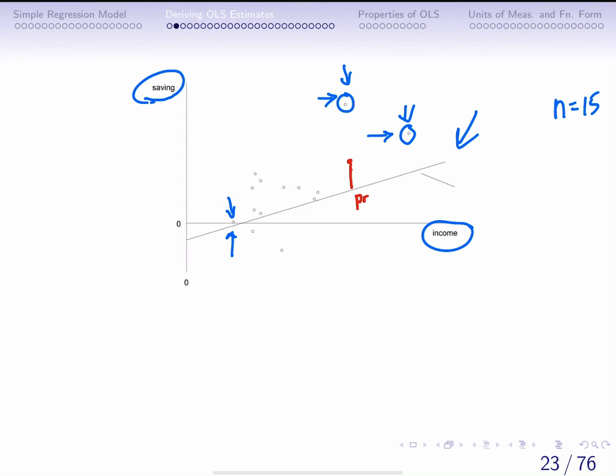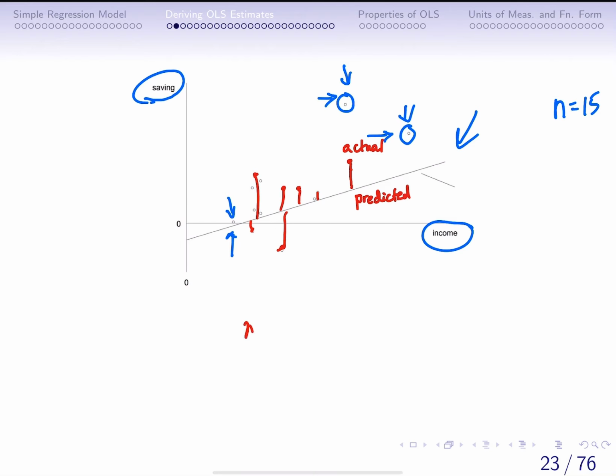The line is our prediction. This is the predicted value, and this is the actual value. This is the distance between the line and those data points that we have. Some are below the line, some are above the line, right?